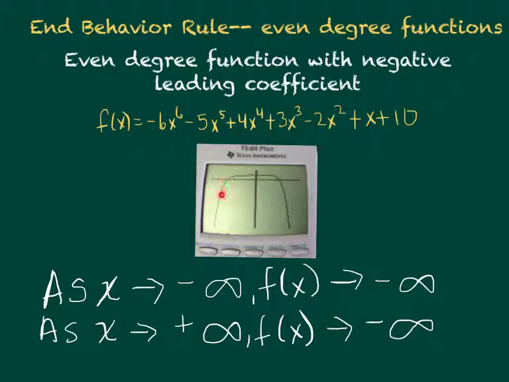Notice that the function goes down in both directions, so as x goes to negative infinity this way, the function is going to negative infinity this way. And as x is going to positive infinity this way, f of x is going to negative infinity this way.